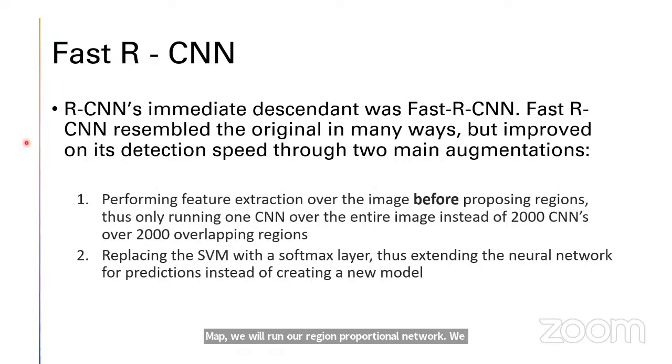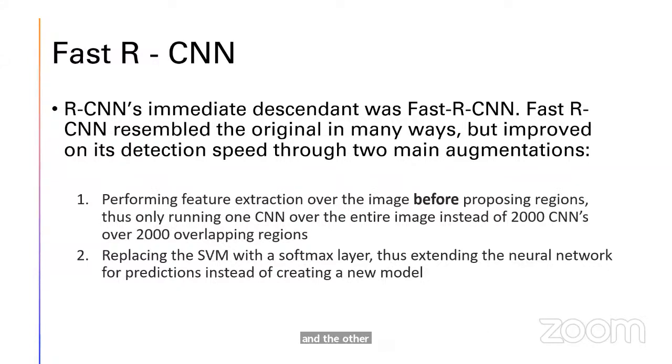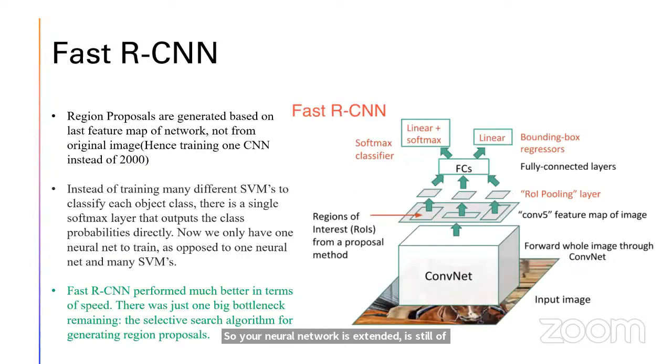So instead of using 2000 CNNs, our work will be done by one CNN only, right? And the other modification was, instead of using an SVM for classification, a simple softmax layer is put at the end of your CNN. So a complete neural network will be there. Your neural network is extended instead of creating or using a new SVM model, right?